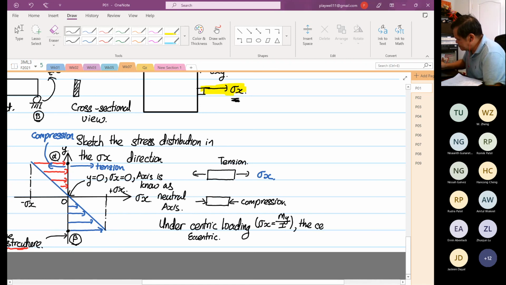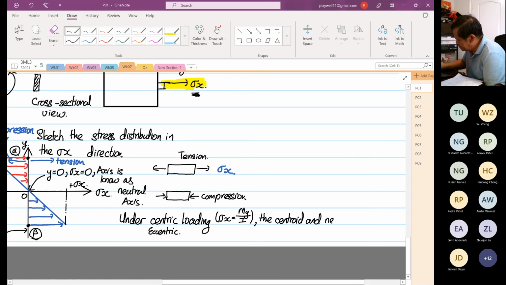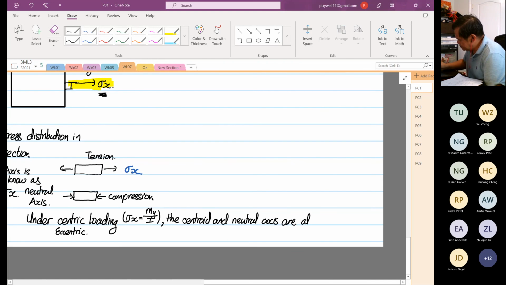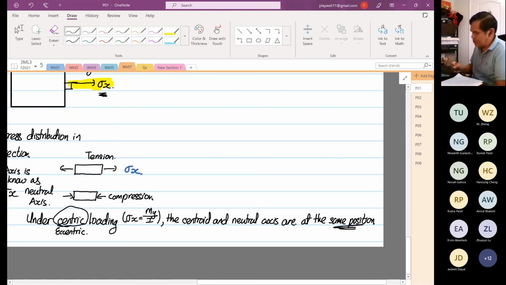the centroid and neutral axis are at the same position. This is only true for centric loading.